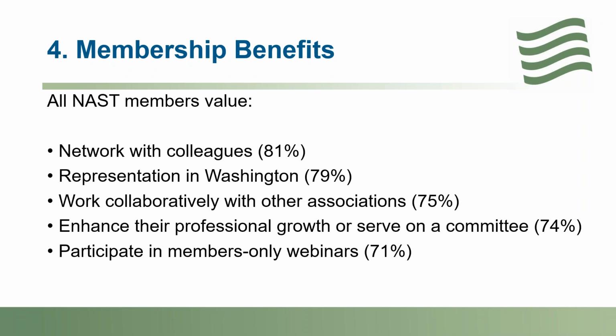So we have formed a formal relationship with that group. What that means is we know what they're working on, they know what we're working on, and when we find issues of alignment, and let me tell you, most of the issues that NAST has positions on are supported by the other associations. When we work together, our voice is so much stronger. And so that third one there really hits home for us every day working in the DC office.